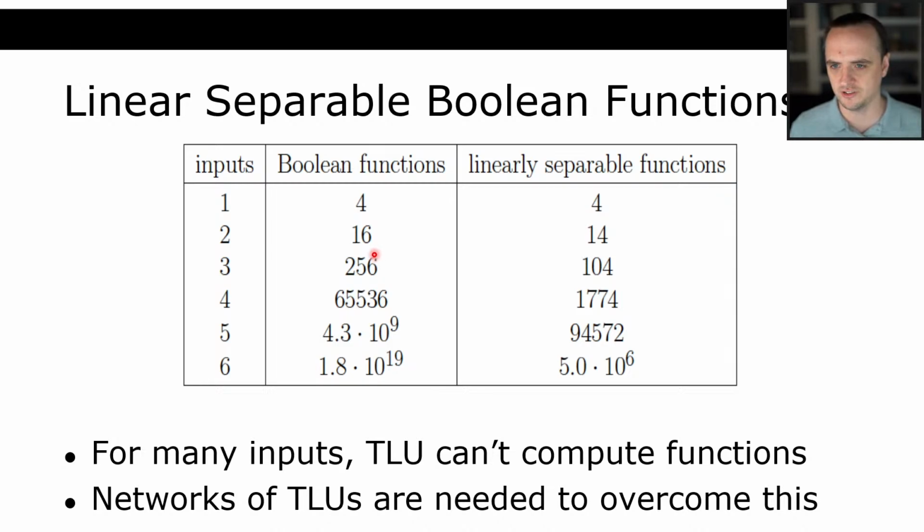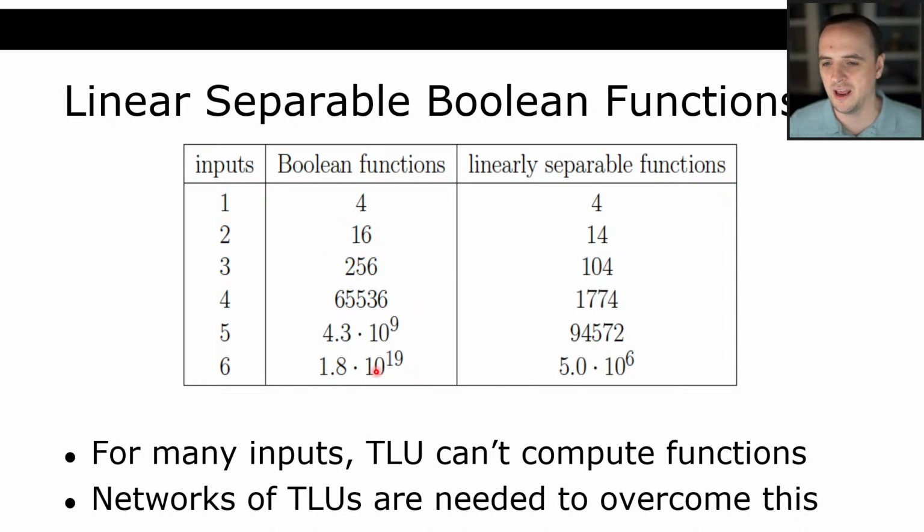So 14 out of 16, that's not bad. But when you go to 3 inputs, well, there's 256, and so I think this is like 2 to the 2 to the 3. Anyway, I can't remember the function for figuring out the number of Boolean functions.